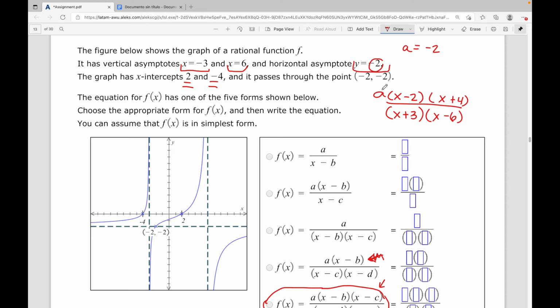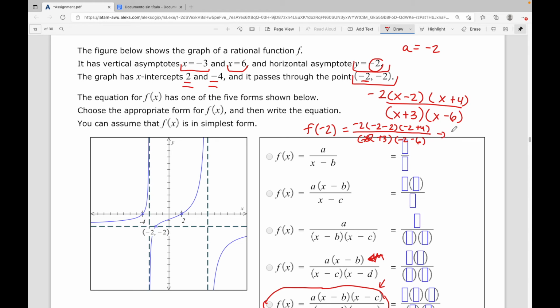So we're almost finished. We just have to verify that if we put negative 2 in this a, we're going to get this point if we evaluate at negative 2. What do I mean by that? Well, let's just put the negative 2 here. If I do the function of negative 2, I do negative 2 times whatever the x is, I replace it by negative 2 times negative 2 plus 4, times negative 2 plus 3, negative 2 minus 6.